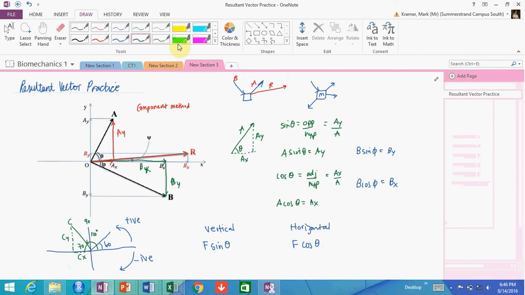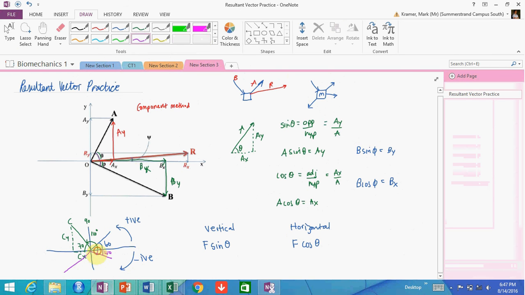Let's say I had something along the lines of negative 40. So it means it's rotating in the clockwise direction. So negative 40 might look something like this, right? And negative, let's say, 150 would look something along these lines.